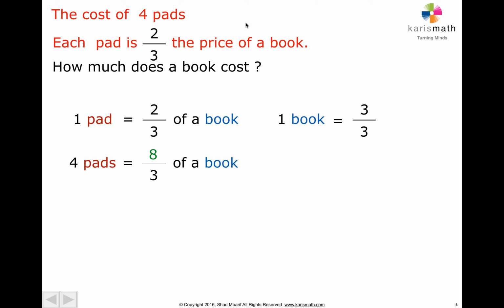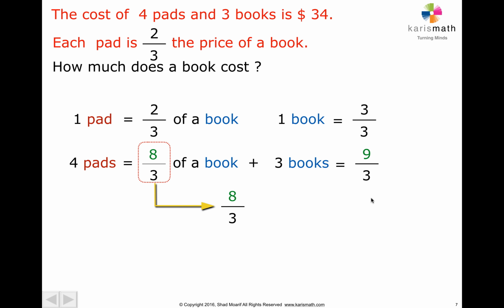And you got 3 books, so that means 3 times 3/3. 3 books would be 3 times 3/3. That's 9/3. And you know that the cost of these is 34. That means if you add 8/3 and 9/3, which is 17/3, then that should be equal to 34. So 17/3 makes 34. How much does 1/3 make?